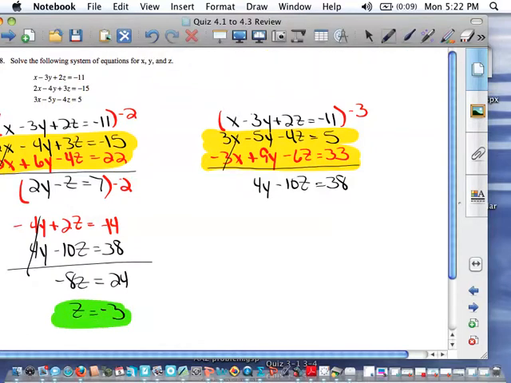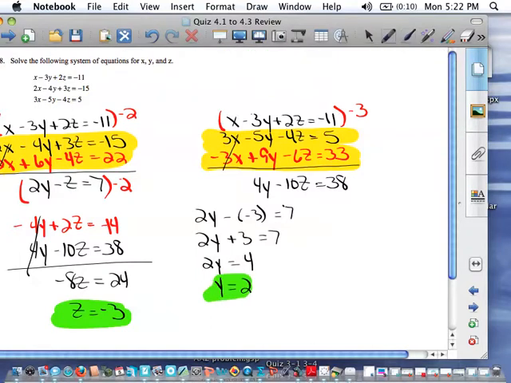I'll take that value, substitute it into one of the previous equations. So I would substitute it into 2y minus negative 3 equals 7. So 2y plus 3 equals 7. 2y equals 4, so y equals 2. So there's my second value.